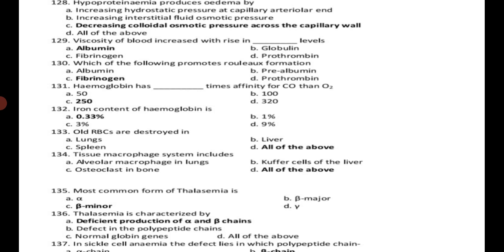Kupffer cells are also known as stellate sinusoidal macrophages, and these are the macrophages found in sinusoids of the liver. In fact, Kupffer cells make up 80 to 90% of all macrophages present in the entire human body.